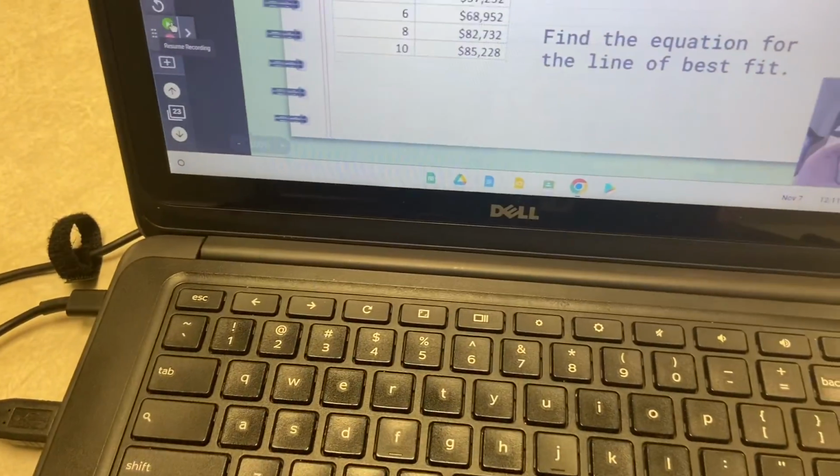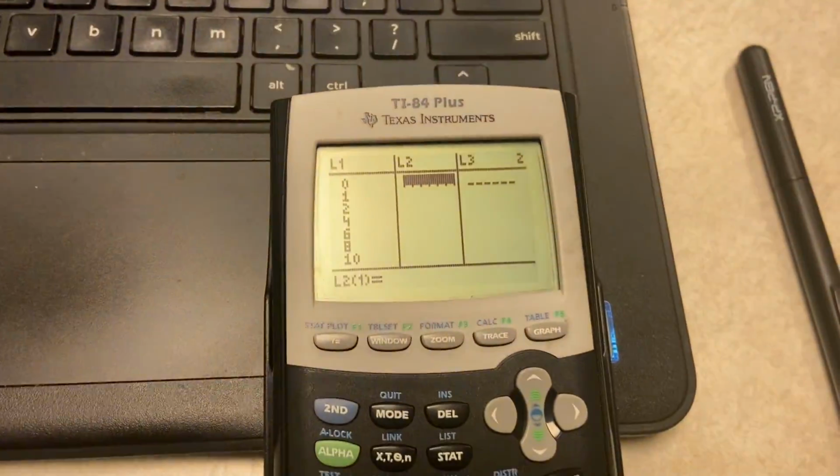No mistakes that I noticed. I'm going to go to L2, so I hit the right button to get to L2.